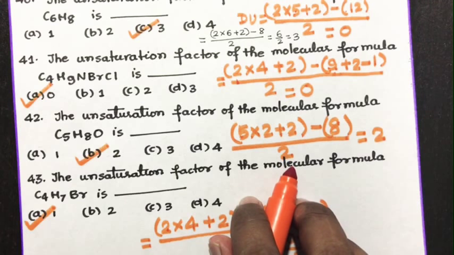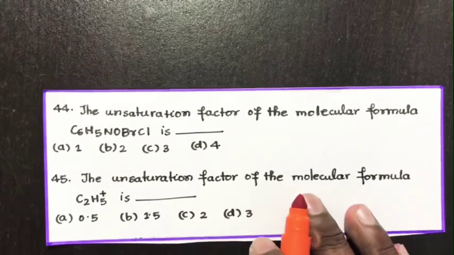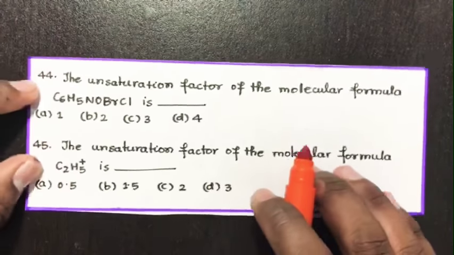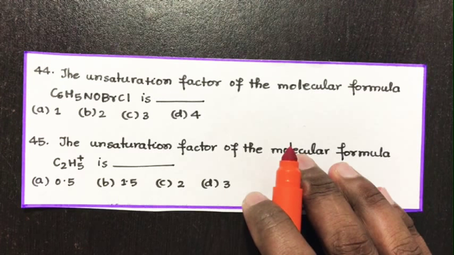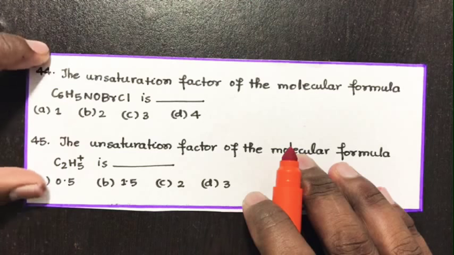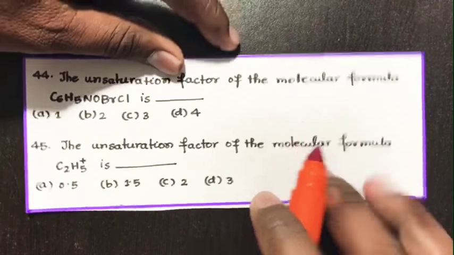Now coming to the next problem. The unsaturation factor for this molecular formula C6H5NOBrCl.